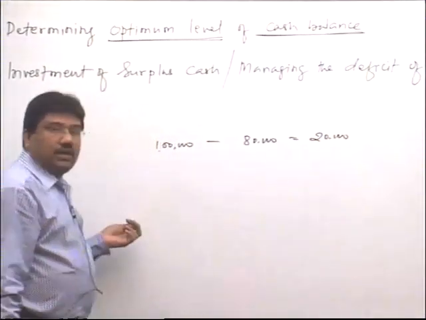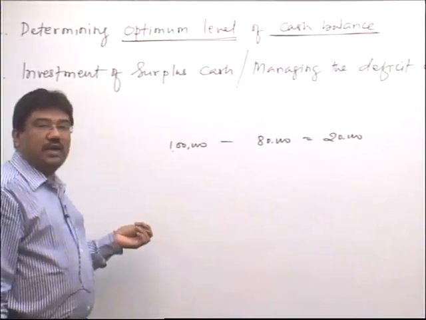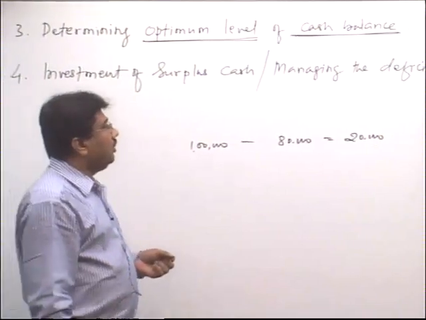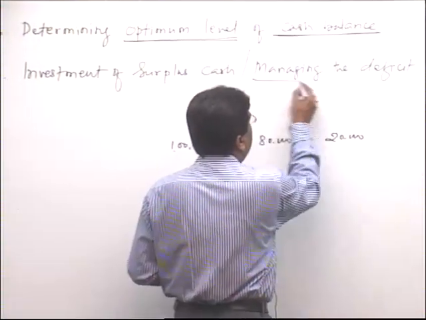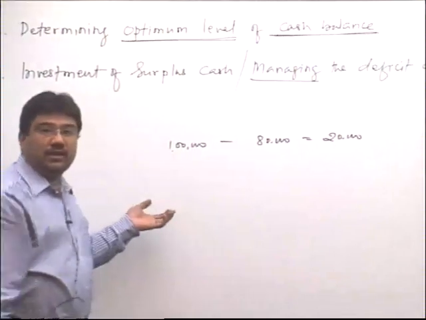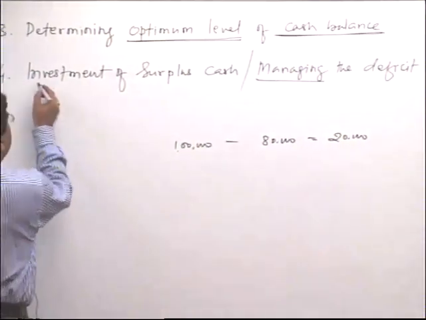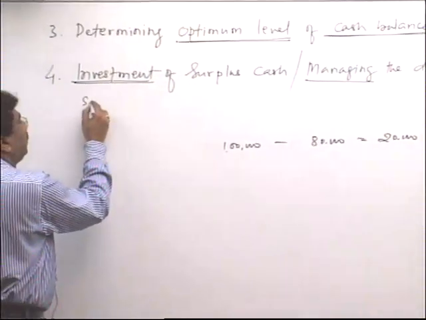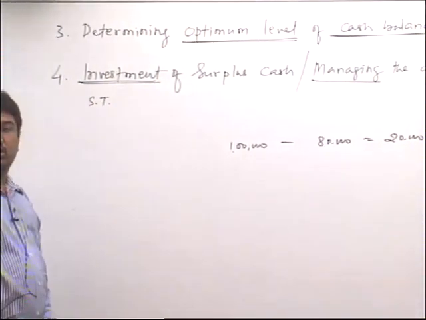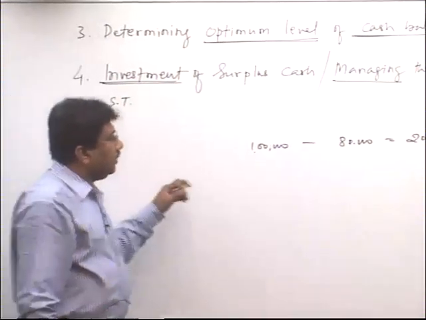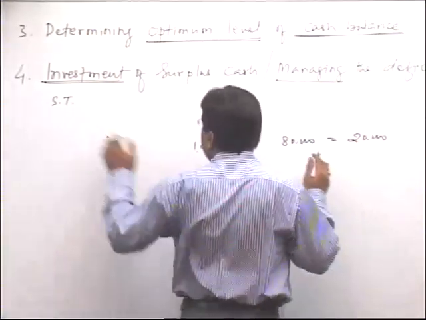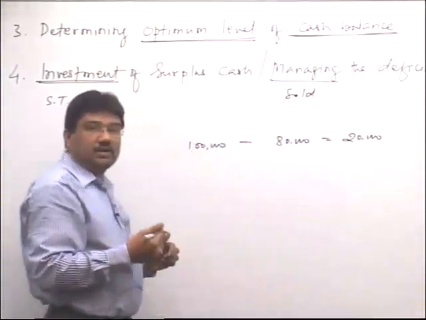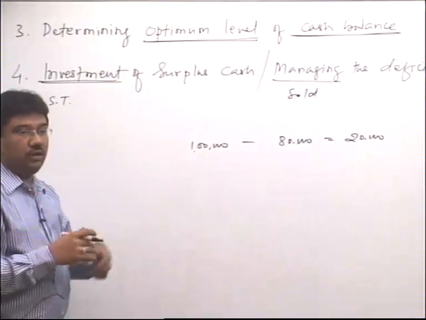Deficit means there is shortage of cash, and that shortage should be managed by selling the short term securities. So when there is surplus cash, we invest money in short term securities, and when there is deficit of cash, these short term securities are sold so that we can get cash and manage the deficit.